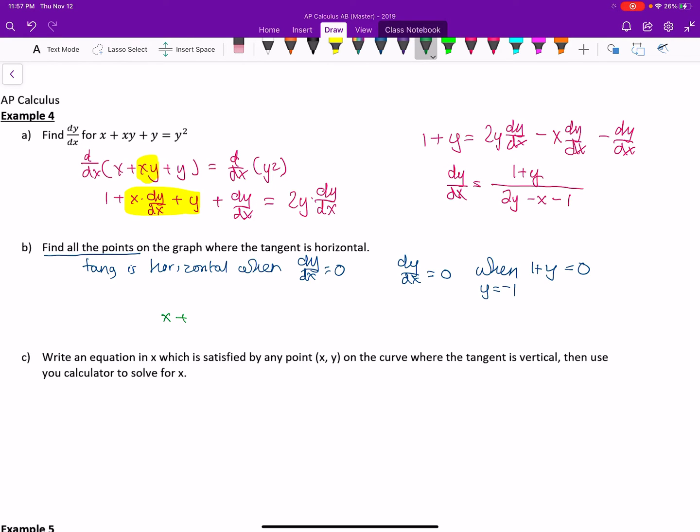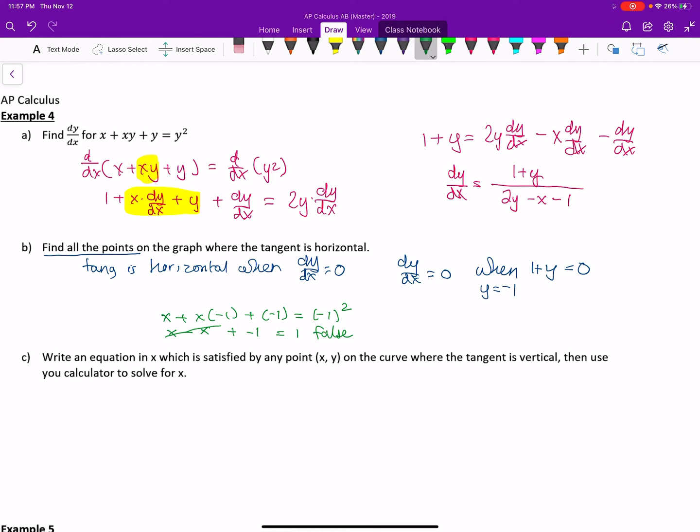So that is going to be x times -1 plus -1 equals -1 squared. So we get x minus x plus -1 is equal to 1.